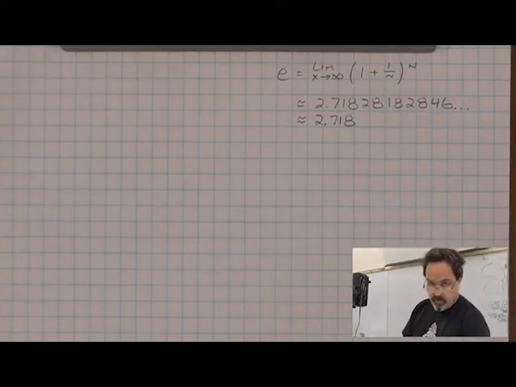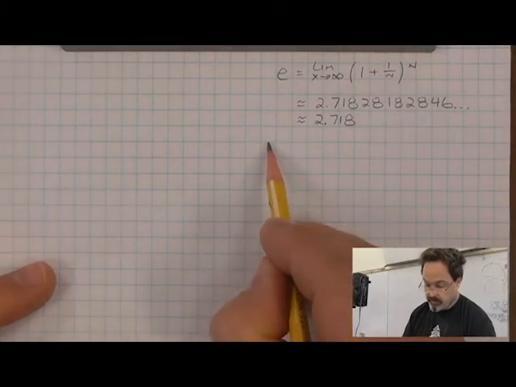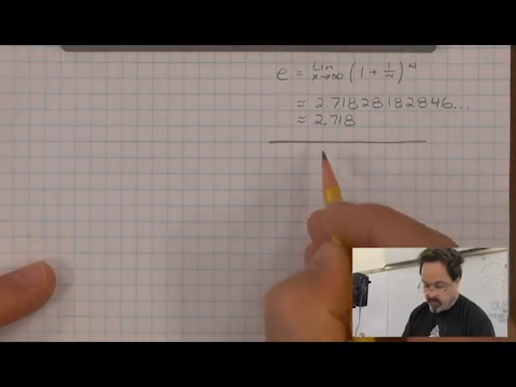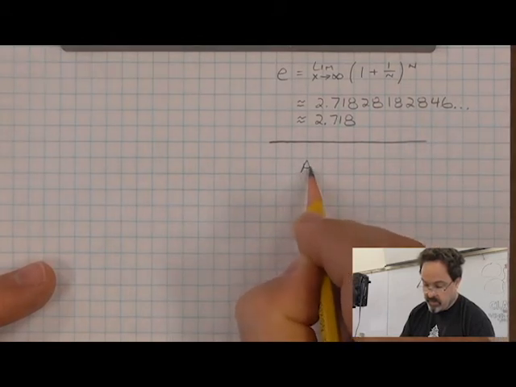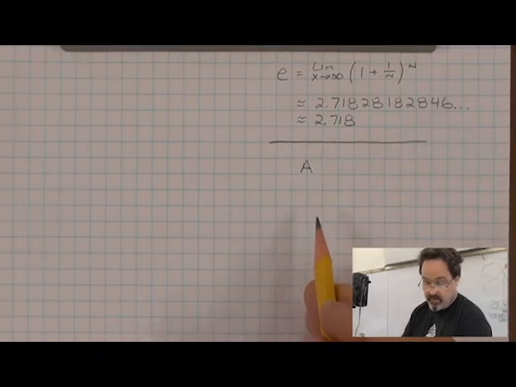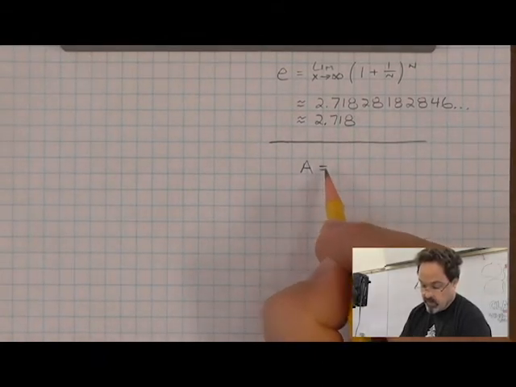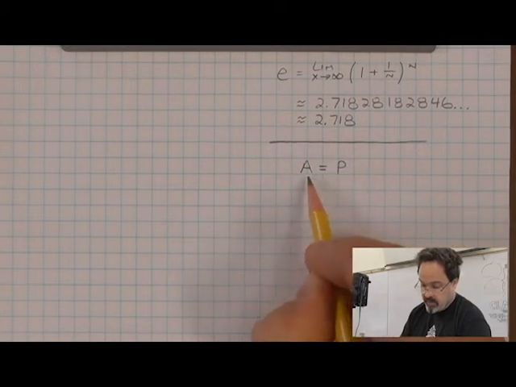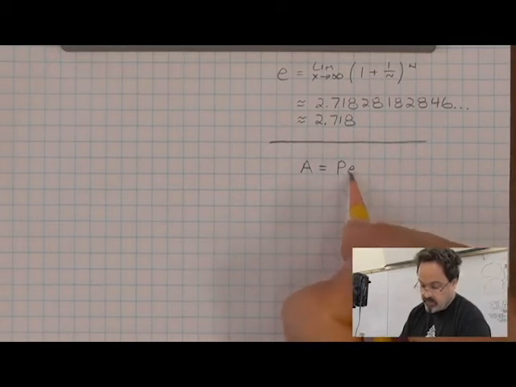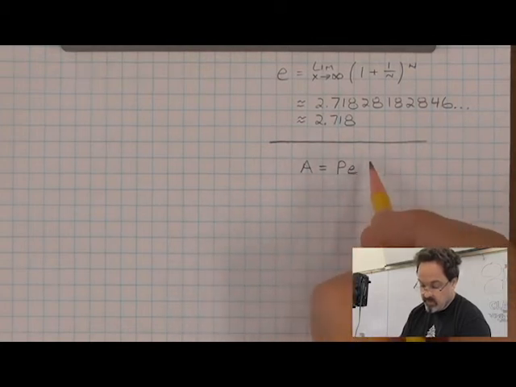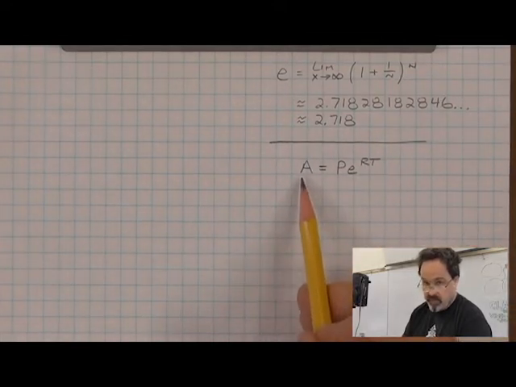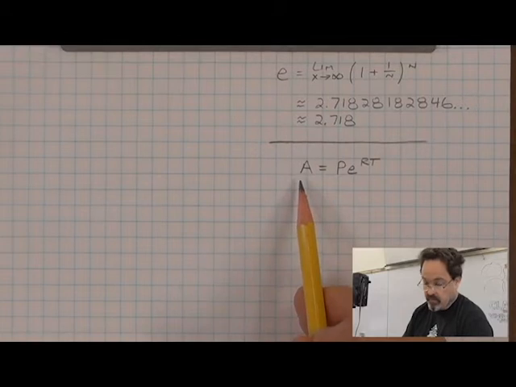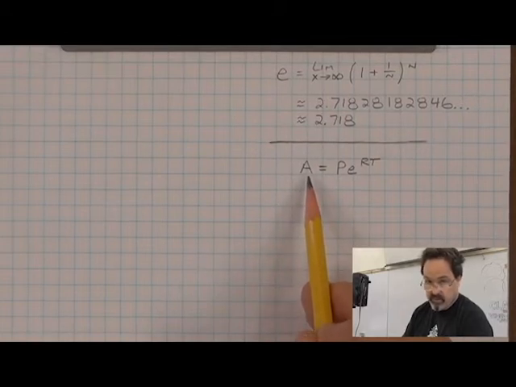So using e, where do we do it? We had a context of using e in continuous growth or instantaneous growth. I'm going to write down an equation here that we used in a previous lesson. A is equal to P times e to the rt, where A stands for an amount, typically an amount of money, if we're talking about money growing in a bank account or an investment.